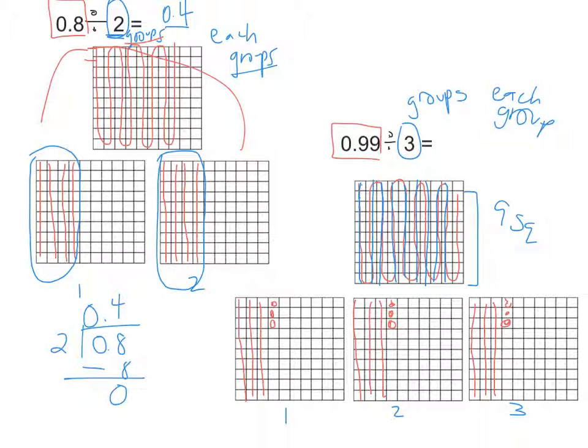So how much did each group get? Well, this group got 3 rows and 3 squares, which I know is 33 hundredths. So each group got 0 and 33 hundredths.